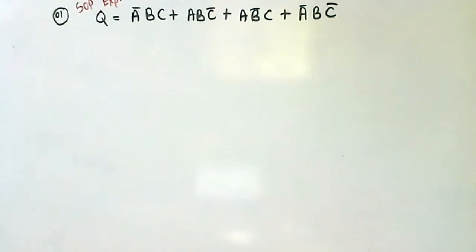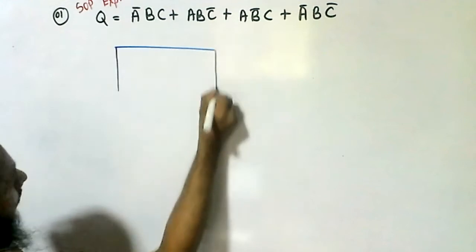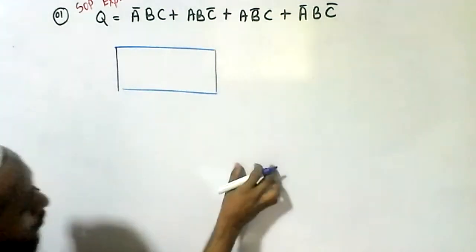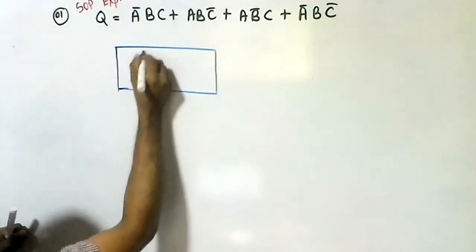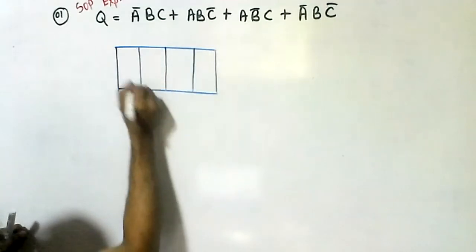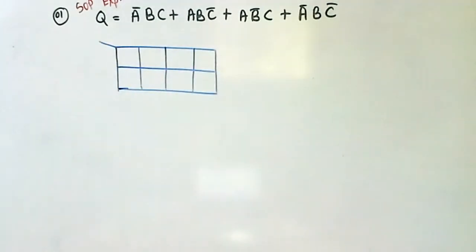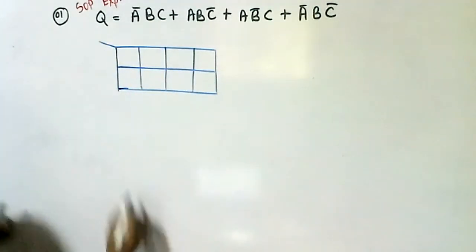So now I am going to draw the Karnaugh map. We can draw it like this or like this way. Both are okay, right? I'm using this landscape method. We need 8 cells. Yes, Shamila, what are the variables?